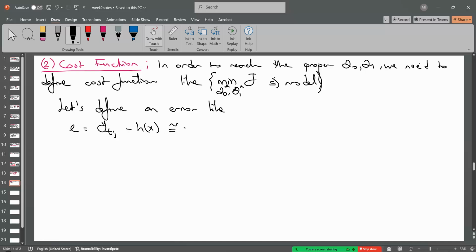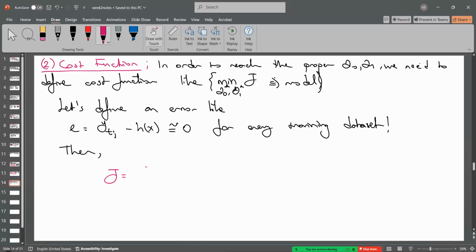This must go to 0 in an ideal case, but for every training dataset, for example, if we have 100 pairs of x and y, and each of them has an error value going to 0, then we can say that our model is trained. And then we can write easily just like this.